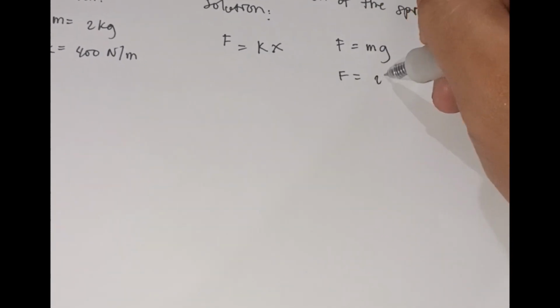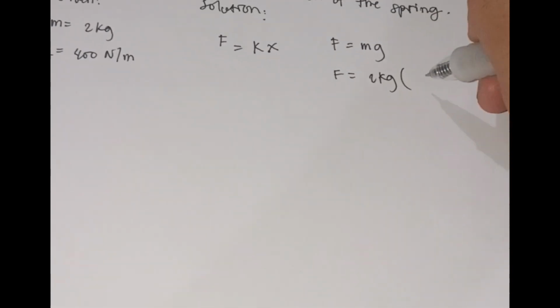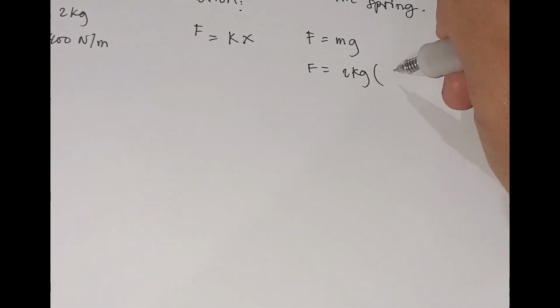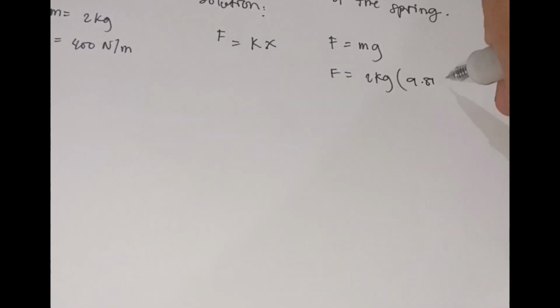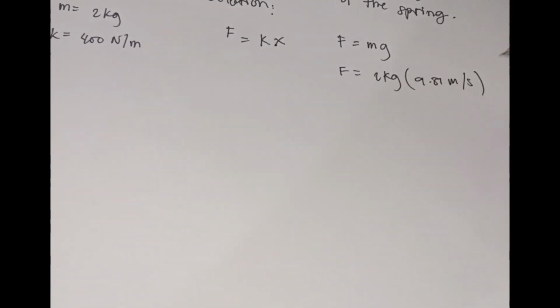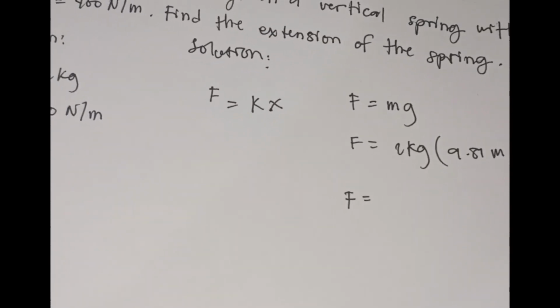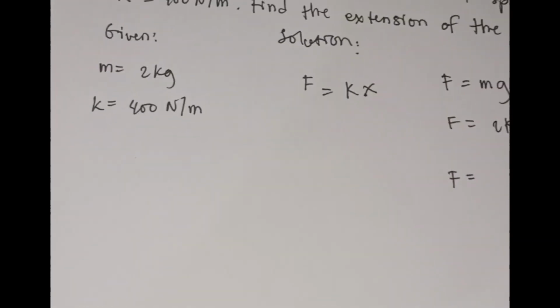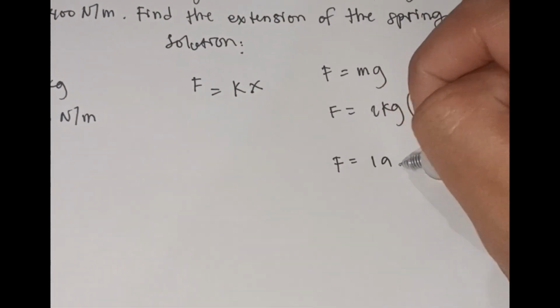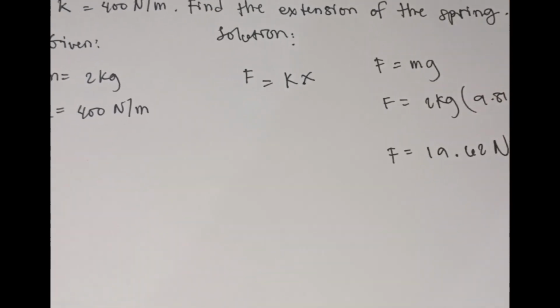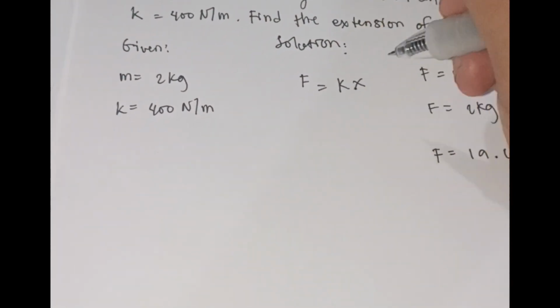We have a 2 kilogram mass times the standard gravity, which is 9.81 meters per second squared. So 19.62 Newton.